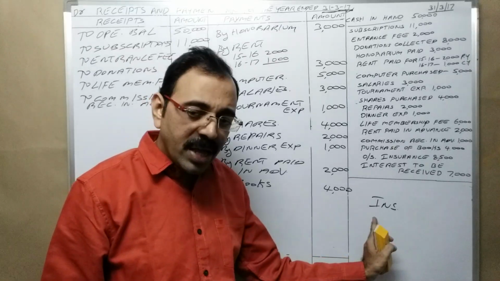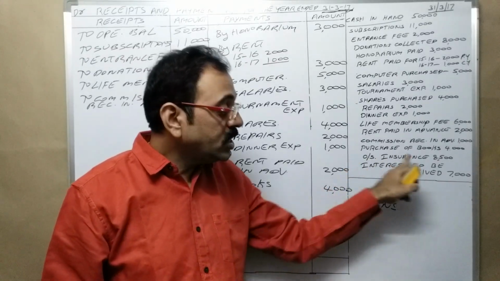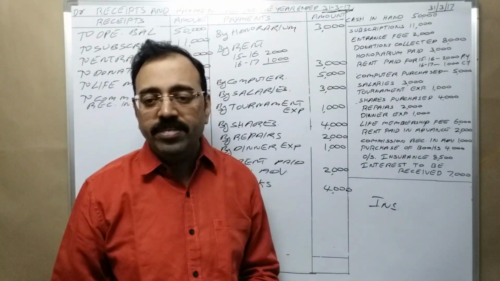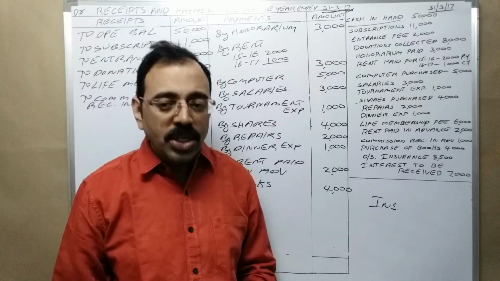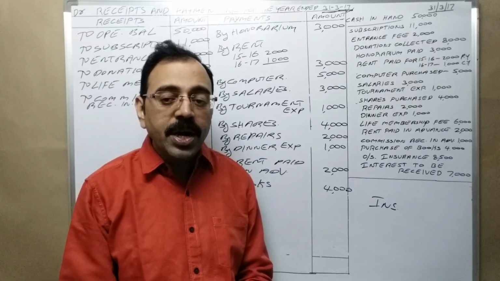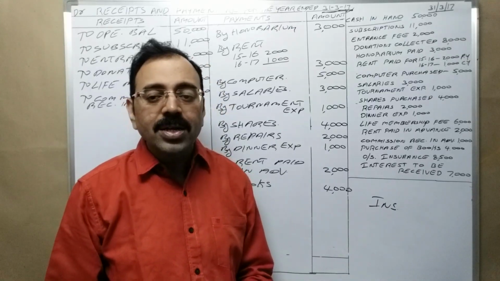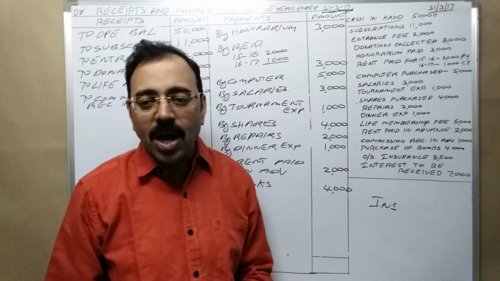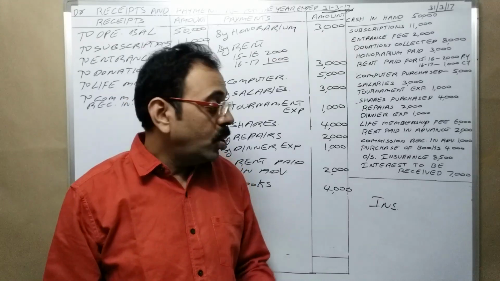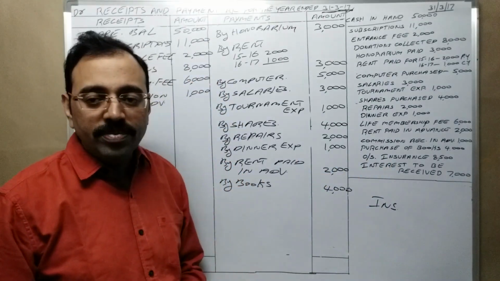But is he giving like that? No. What is given to us? Outstanding insurance. It means we have to pay. Is cash going? No. That insurance expenditure belongs to the current year, but we are not paying that now. Since cash is not going, don't record that in the receipts and payments account.